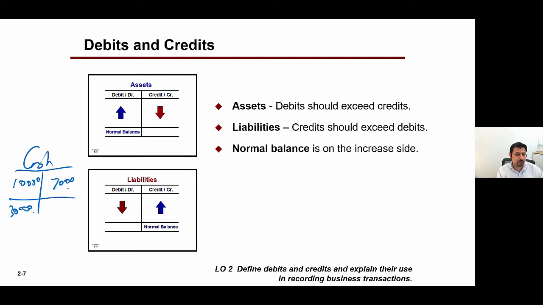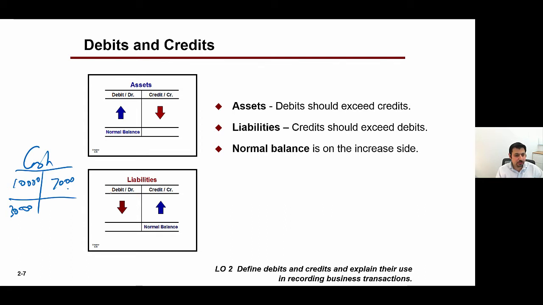Like we said before, a debit account increases with debits. So assets are debit accounts. So debit would increase that account. Credits would decrease the account.